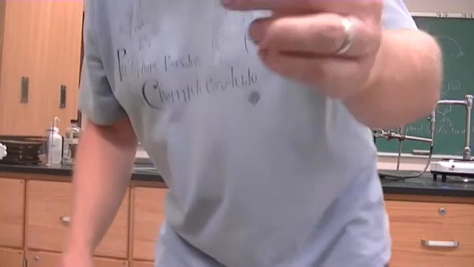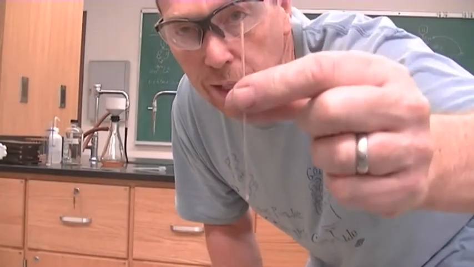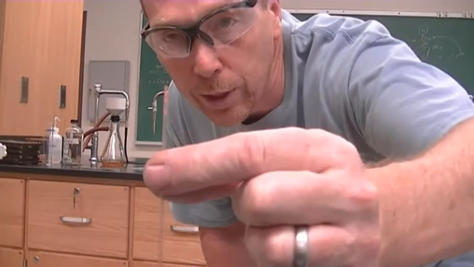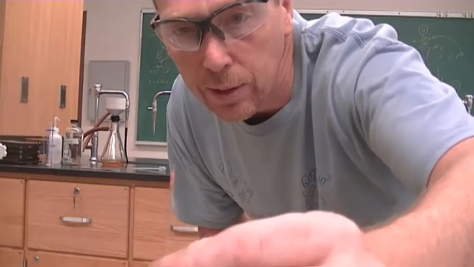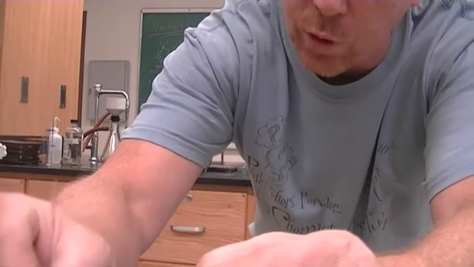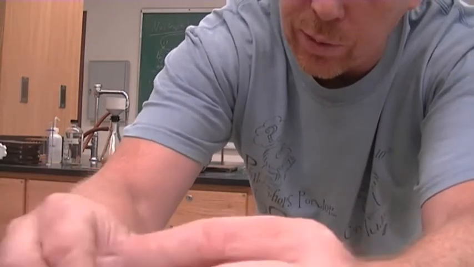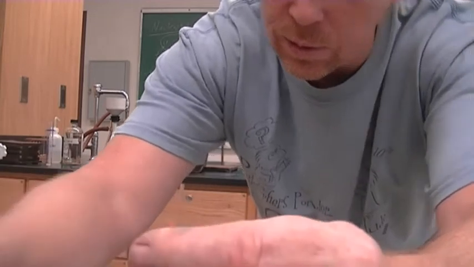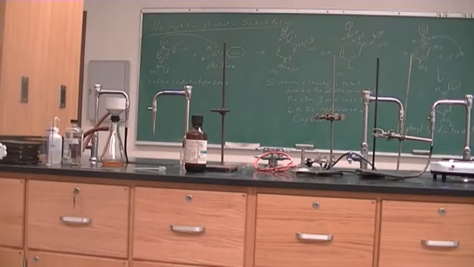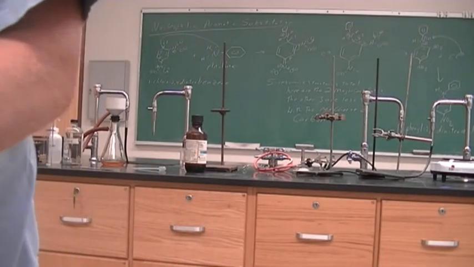Alright, so the capillary tube, you can see the solid. Not all of it went down, and I don't need all of it to go down. I have some on the tip here, and if I keep tapping it I can get more to come down. Alright, and so I can take the melting point.